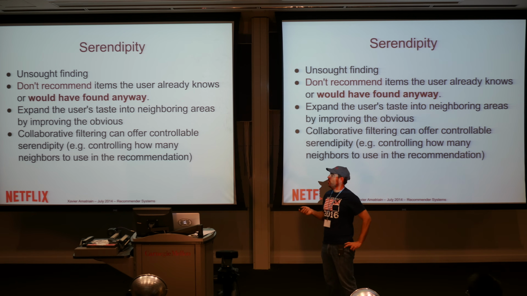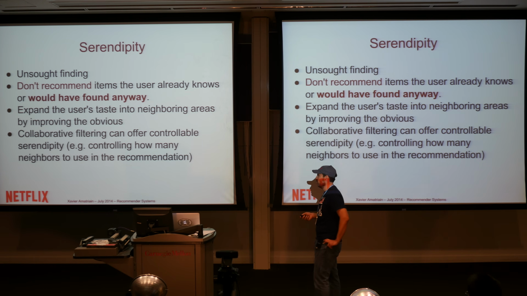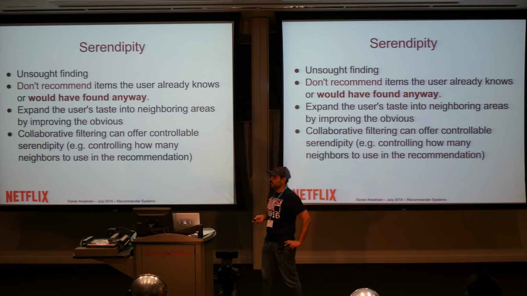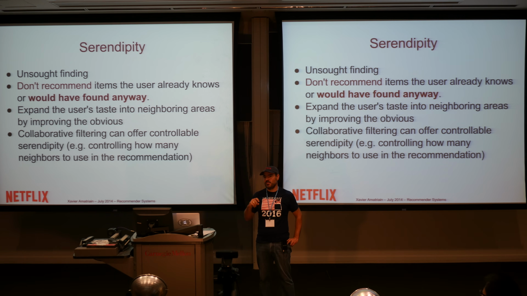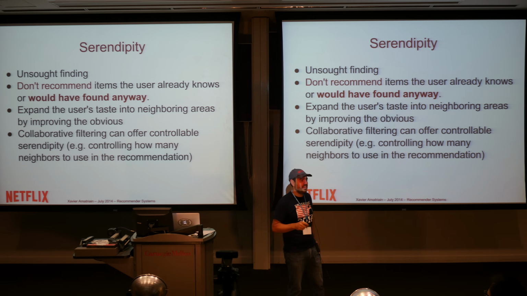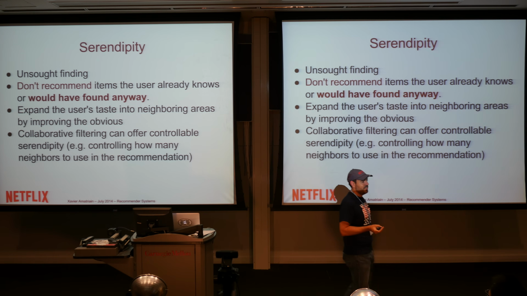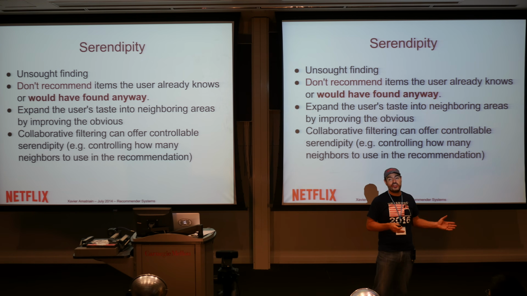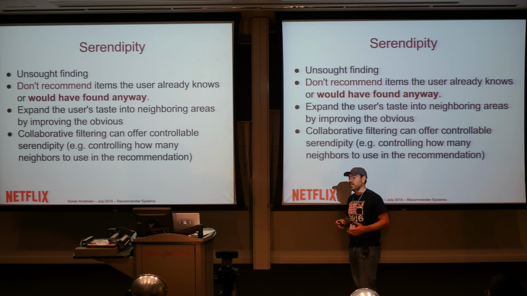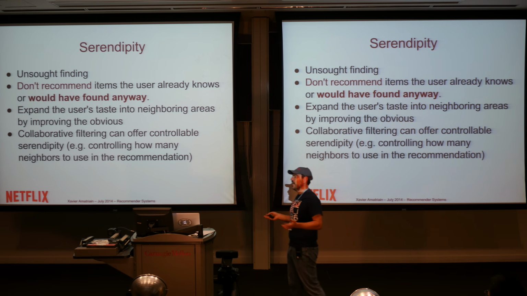But the point is that in collaborative filtering, you can have some ways of introducing some controllable serendipity, but it's hard to, by itself, define what serendipity means, right? Because serendipity, by its own definition, is something that is not based on past data. It's going to be something that is completely an explorer approach.